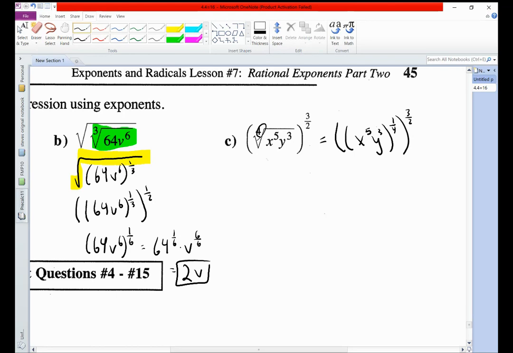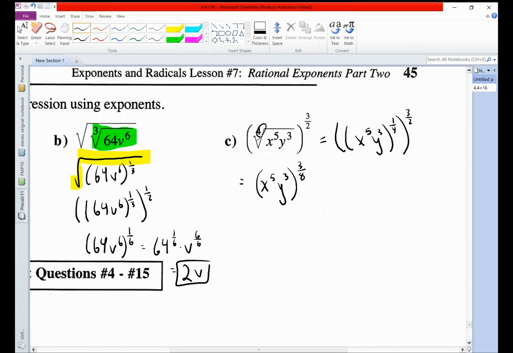When you have exponent to an exponent, you can multiply them. So you end up getting x to the power of 5, y to the power of 3, all to the power of 1 times 3 is 3, 4 times 2 is 8.